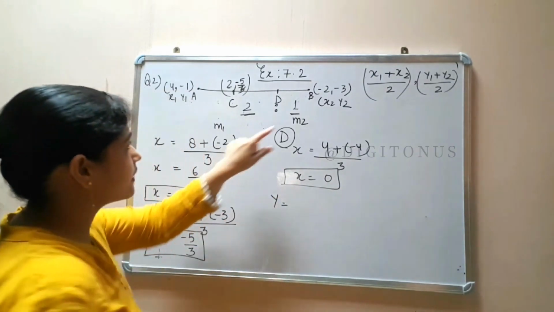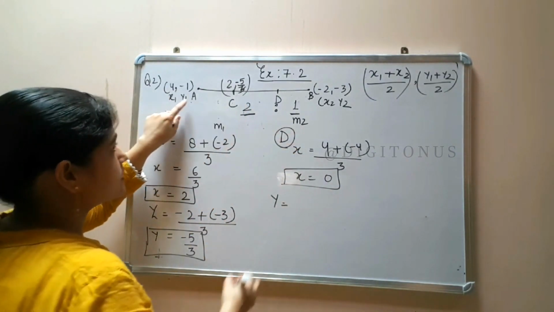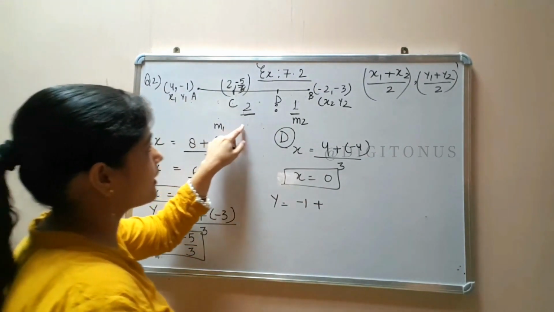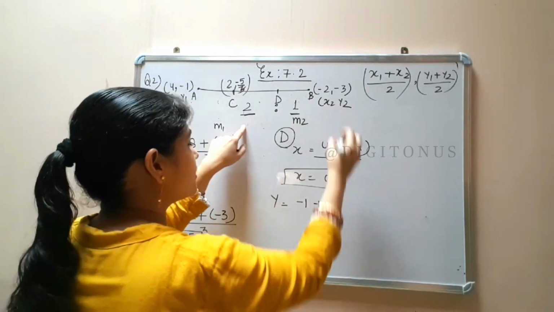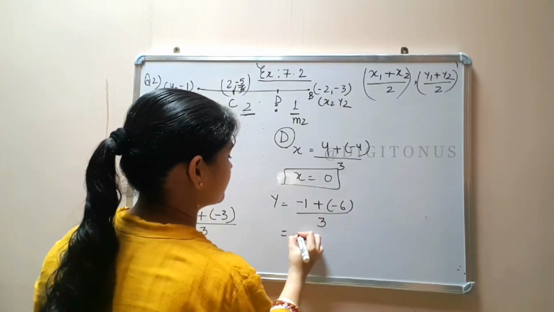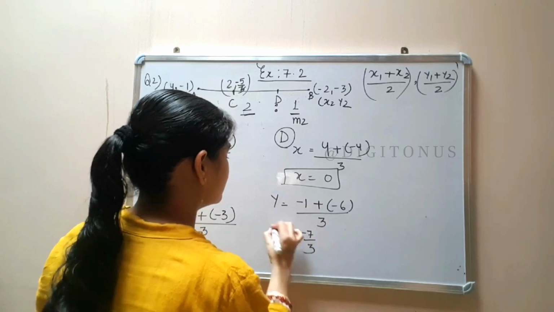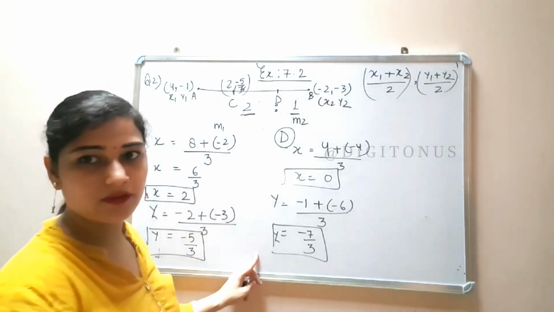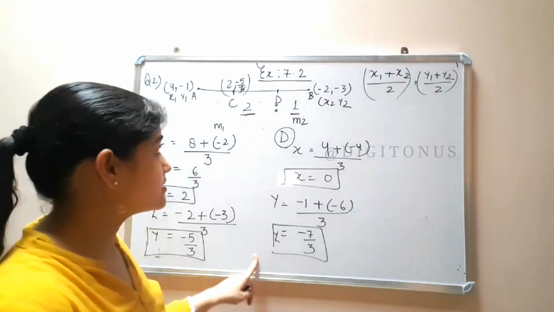Now y: m2 y1 means 1 into -1 is -1, plus m1 y2, 2 into -3 is -6, over 3. It means -7/3. And if you apply the midpoint formula, the answer will also be the same.